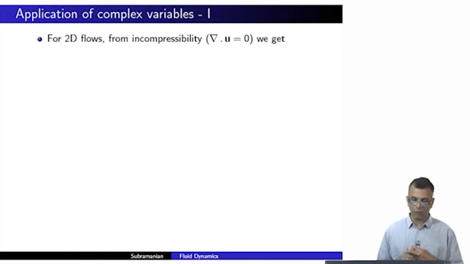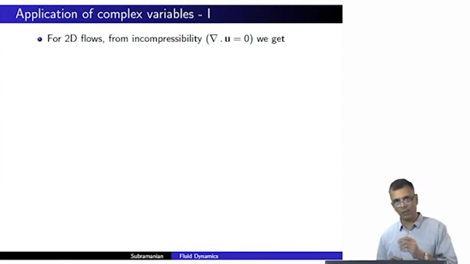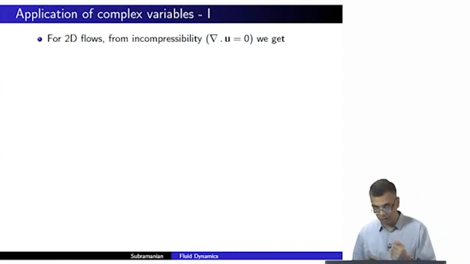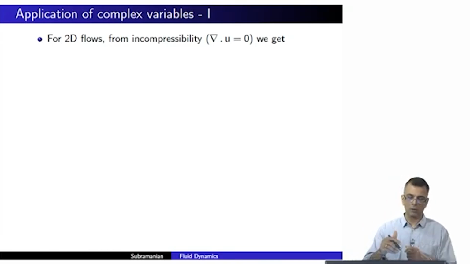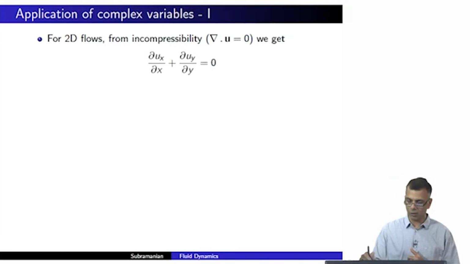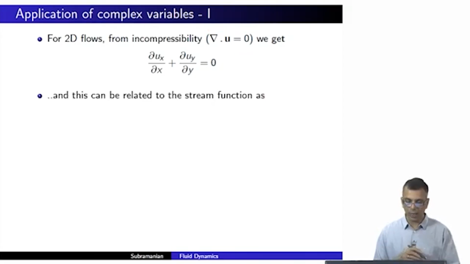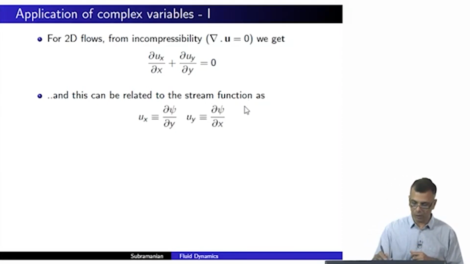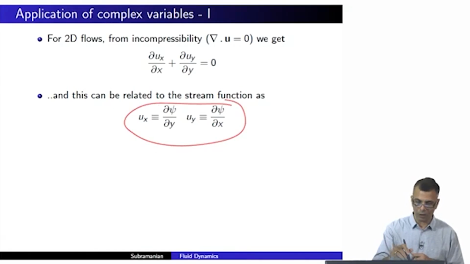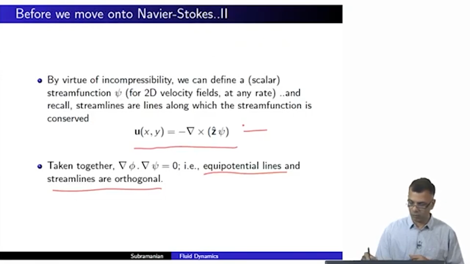For two-dimensional flows, from incompressibility, remember we are talking about an incompressible, irrotational, inviscid fluid. If you want to restrict yourself just to two-dimensional flows, this is essentially the same as this. It's simply the definition, and this can be related to the stream function as this. That simply follows from the definition of the stream function.